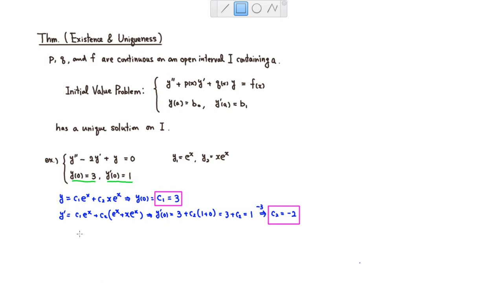Therefore, we found the solution of the initial value problem. y is equal to, c1 is 3, so 3 times e to the x, and c2 is -2, so -2x e to the x. This is the solution of the initial value problem, guaranteed by this theorem to exist and be unique. All right, that's it. I hope that this was clear.